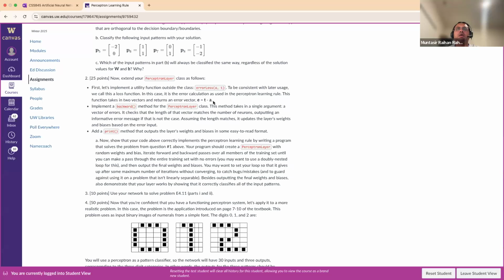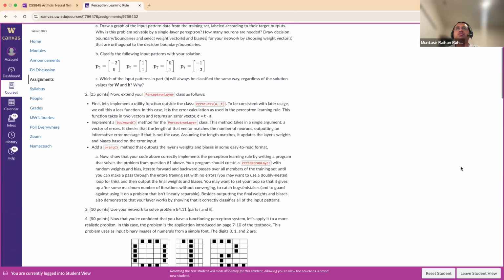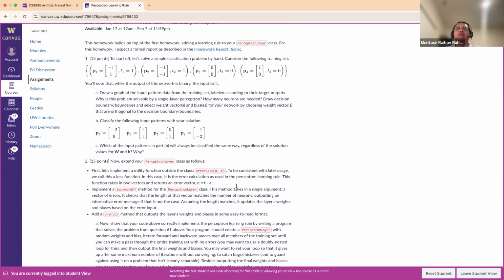Right. So basically, what I'm trying to do here is make you think about generalizing this to more general learning. If you see here this error loss function, what is this error loss? You have an activation A and a target T. T is your output label, and A is what you're computing in the network. So the error vector E is the difference.